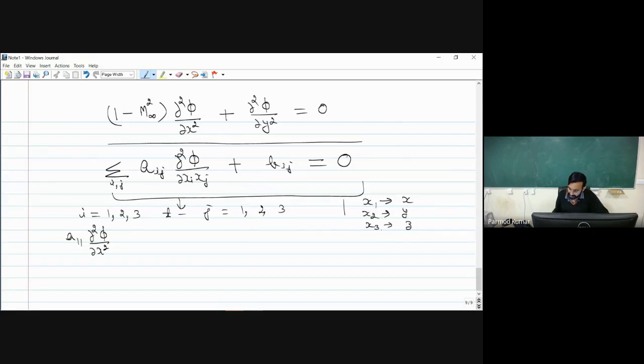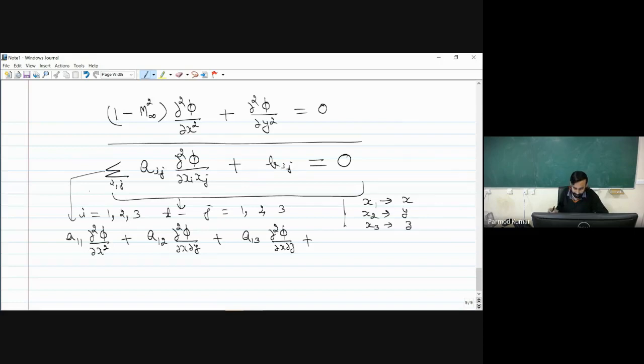Now if I expand this equation by knowing these values, I can expand this as a11 into del square phi by del x square plus a12 into del square phi by del x del y plus a13 into del square phi by del x del z plus, now I will be varying i to 2.